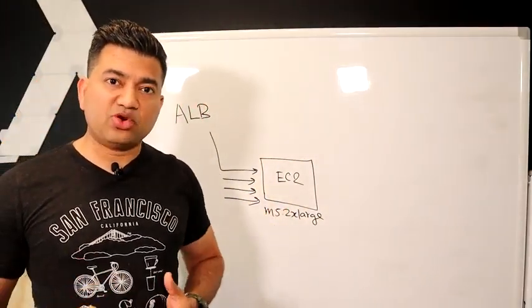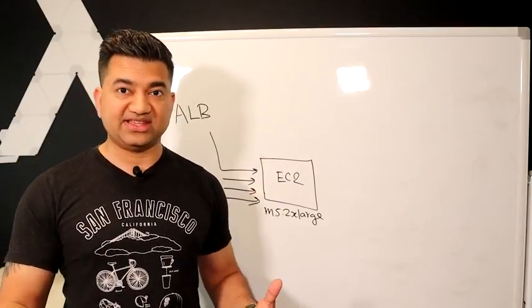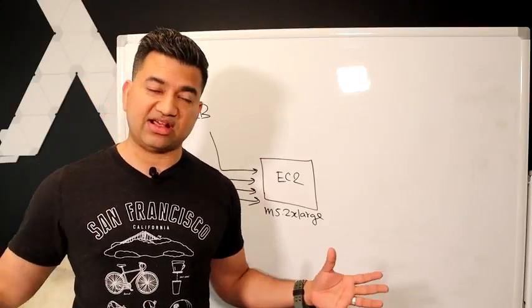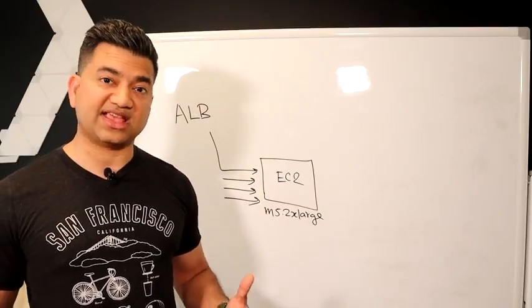Because at the end of the day, you basically added more CPU and more memory to the EC2 rather than scaling horizontally. Alright, so now let's take a look at horizontal scaling.